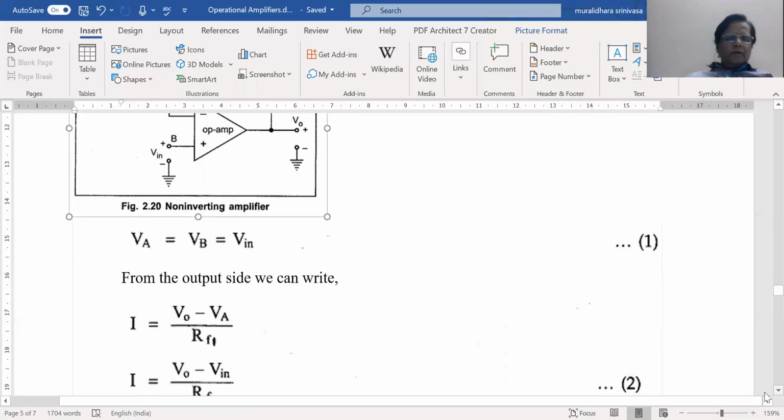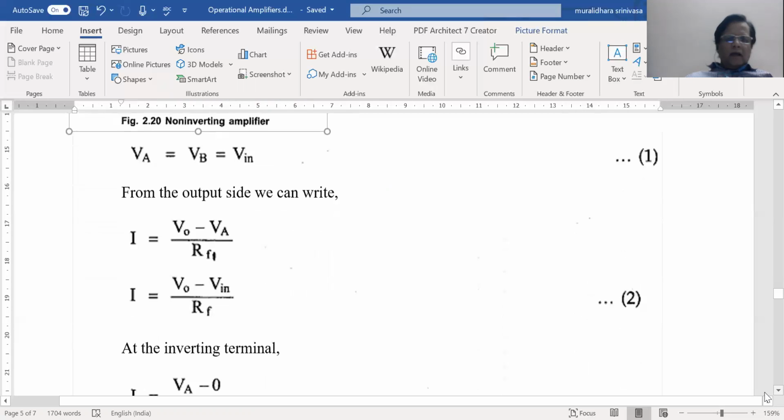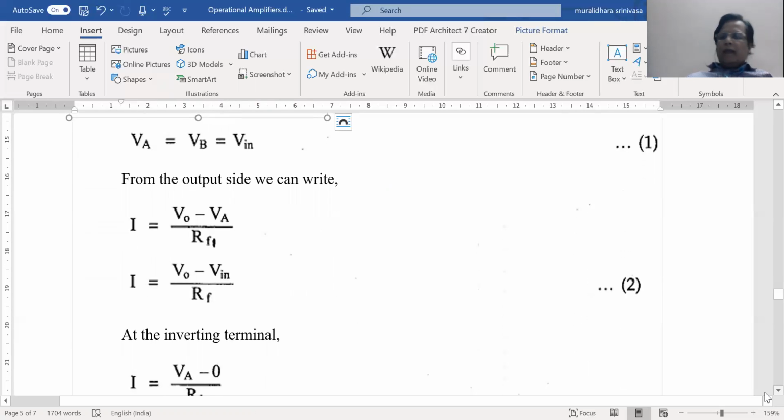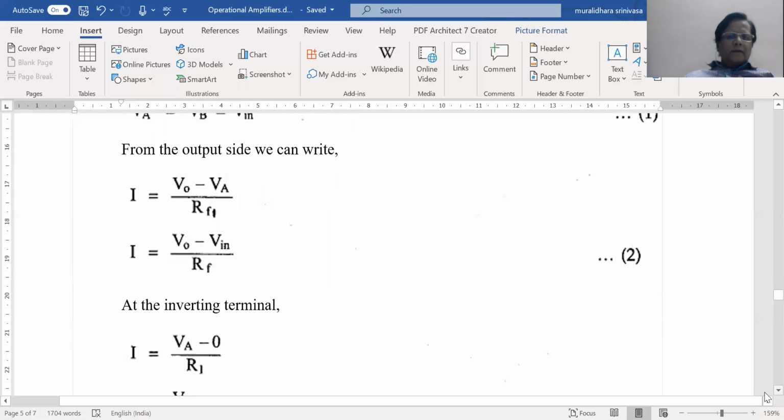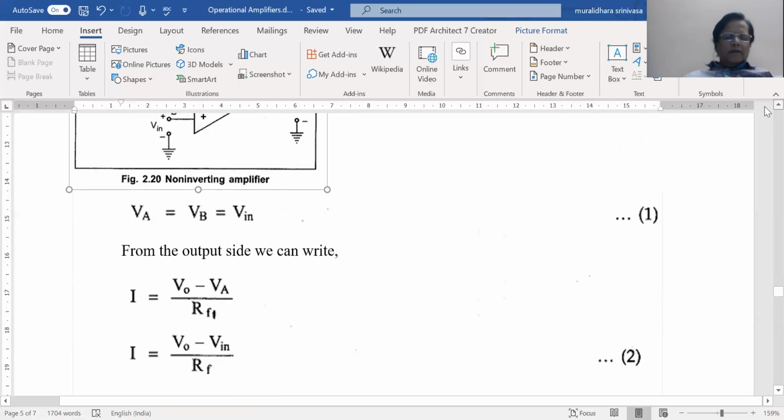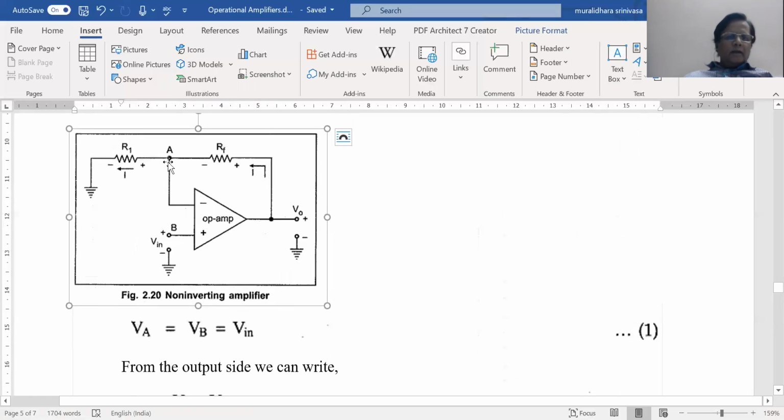So I is equal to (V0 minus VA) by RF. If you look at it from the output side, and if you look at it from the inverting terminal, now what happens to this equation? V0 minus VA. VA is the potential here, assumed to be virtual ground.